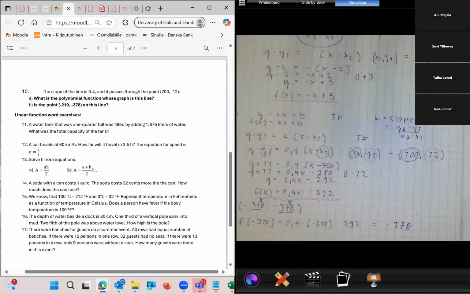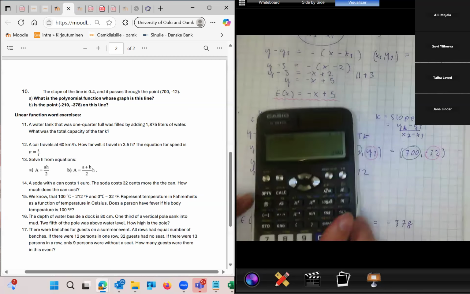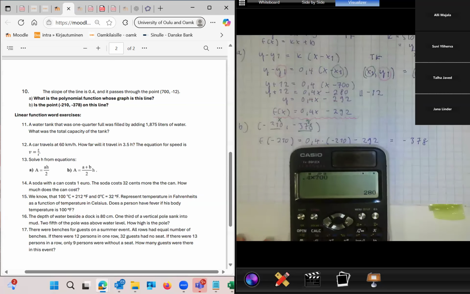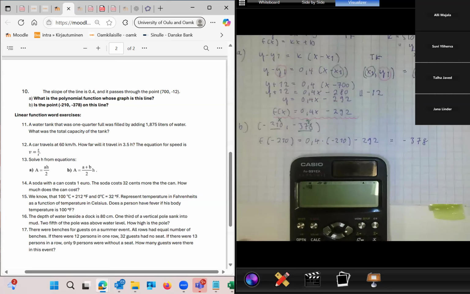Okay. So is it? Let's check. And now 0.4 times, I don't know if I have to put the brackets with this calculator. Maybe. Yes.